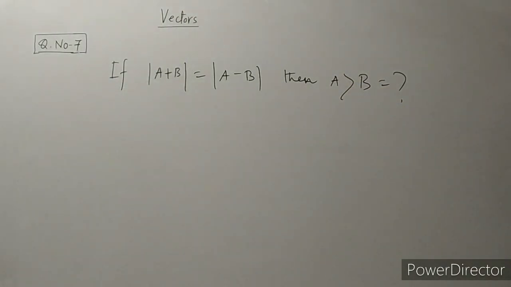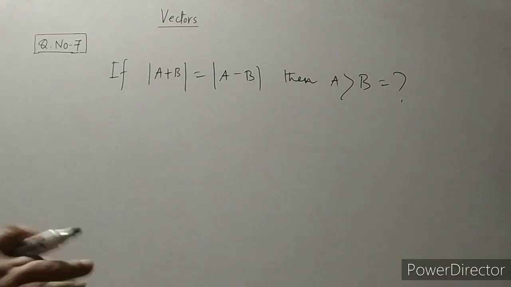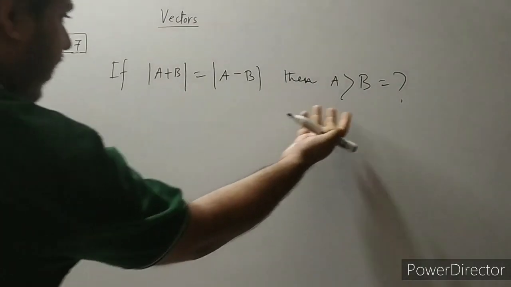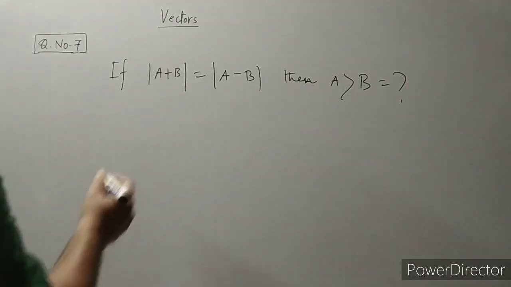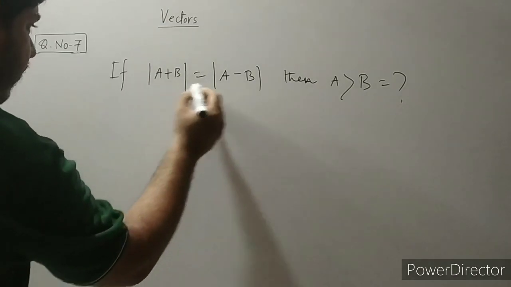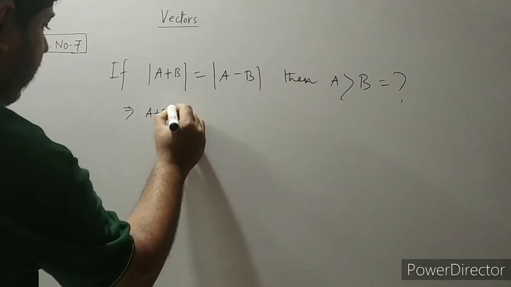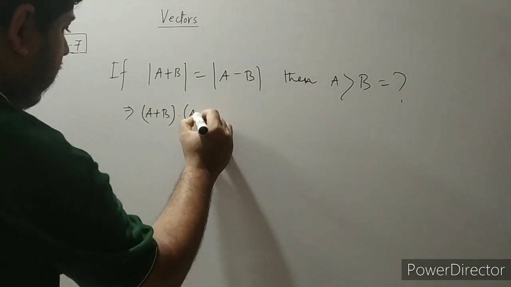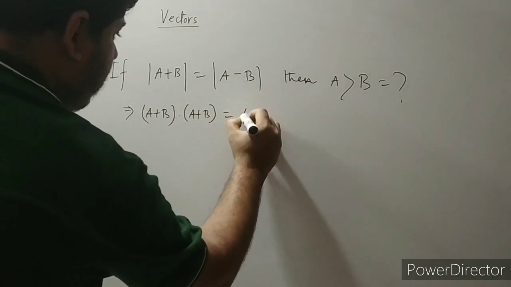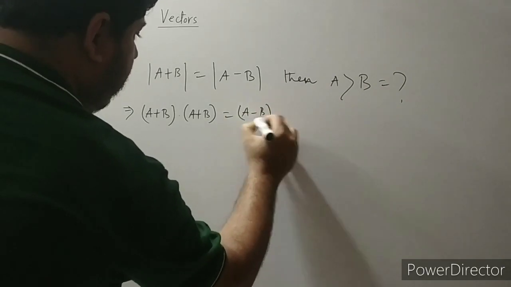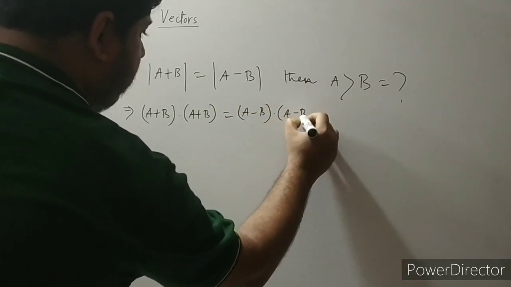Fine. So whenever you have this kind of equation, simply you will do A plus B dot A plus B is equal to A minus B dot A minus B.